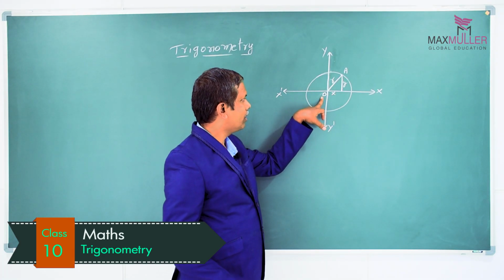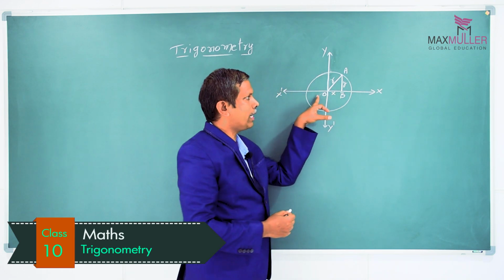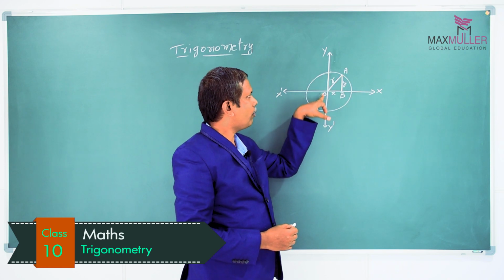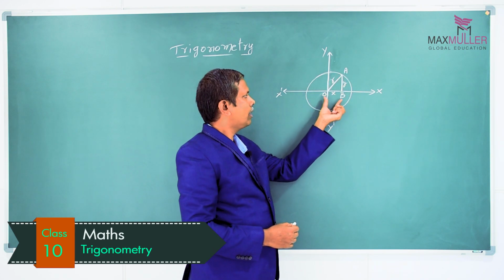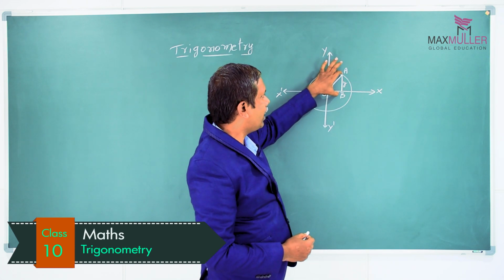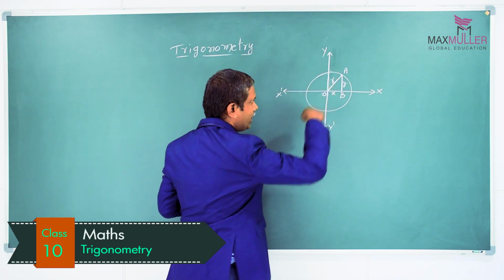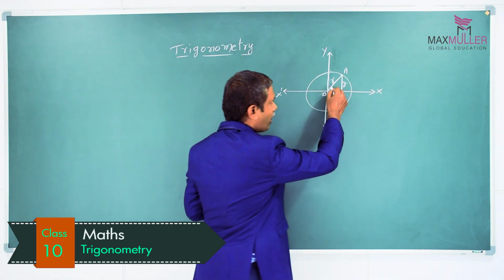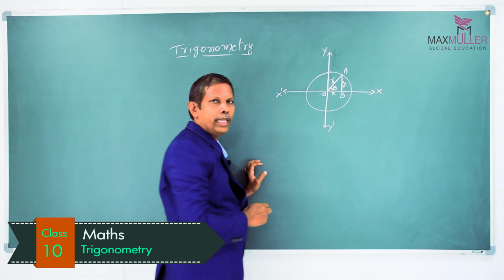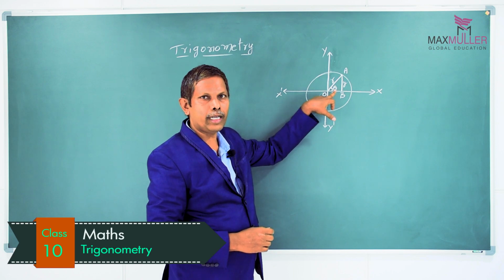Here this is O, here A, and I am taking the point on the x-axis as B. OA is said to be the radius, OB is equal to x units, and AB is equal to y units. In this triangle, we have some angle, which I am taking as theta.